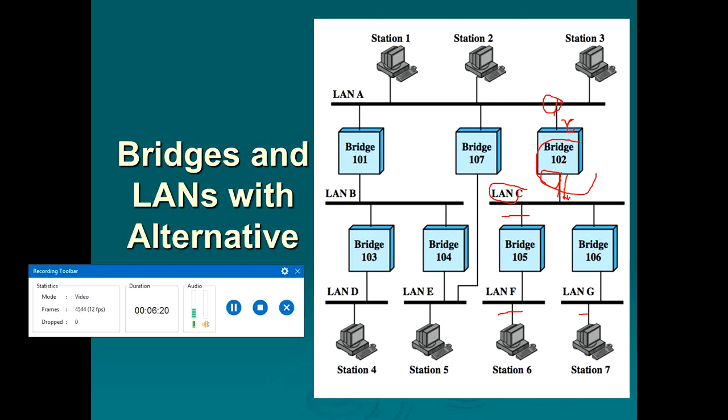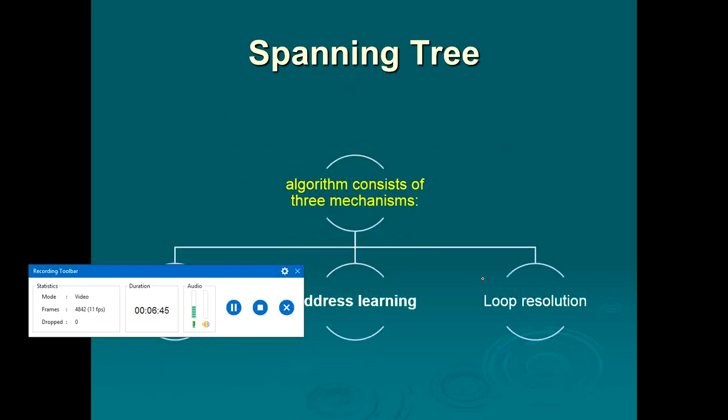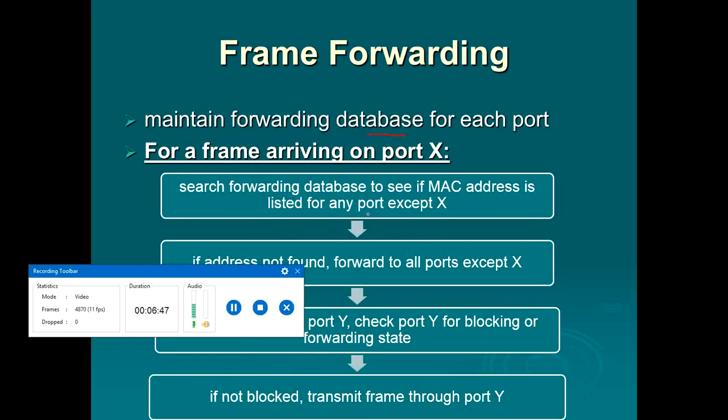But if the destination address is found in the forwarding database for some port Y, then it will determine whether port Y is in blocking or forwarding state. Sometimes a port may be blocked, which prevents that port from receiving and transmitting frames. Now, if port Y is not blocked, it will transmit the frame through port Y on the LAN to which the port attaches. So this is how address forwarding is done.